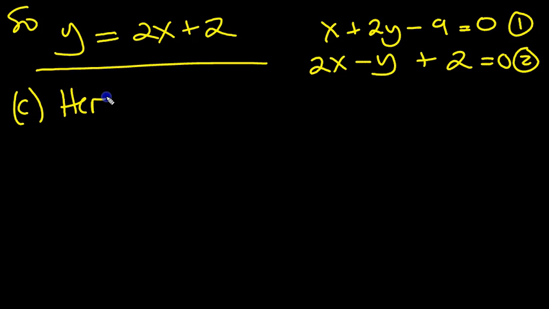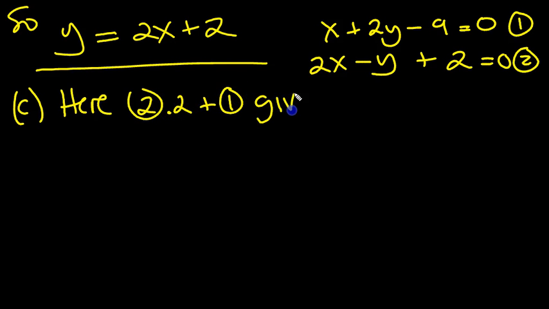So here, what can we do? Because these are opposite signs, we can add them. Two of these and one of those, the y's will disappear and we'll find out what x is. So 2 times equation 2 plus equation 1 gives, what do we get? 2 of these, 4x, plus one of those is x, that's 5x.